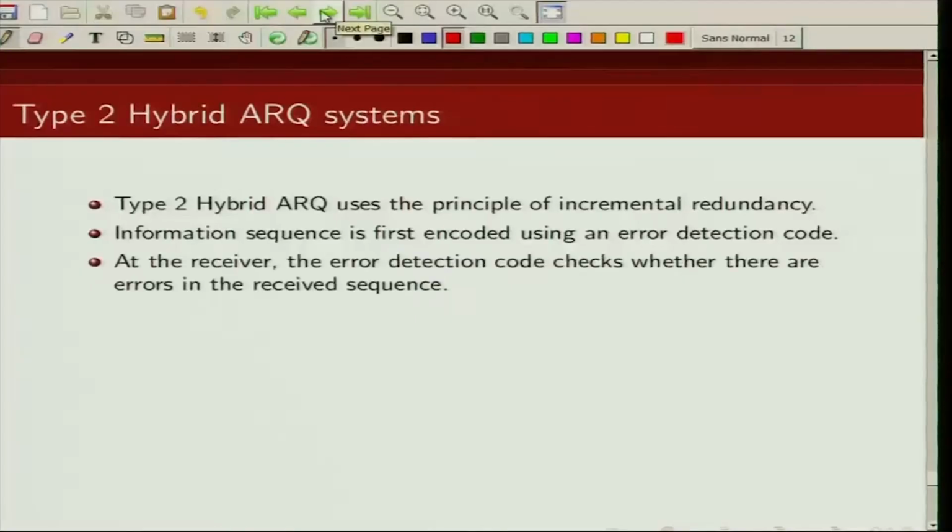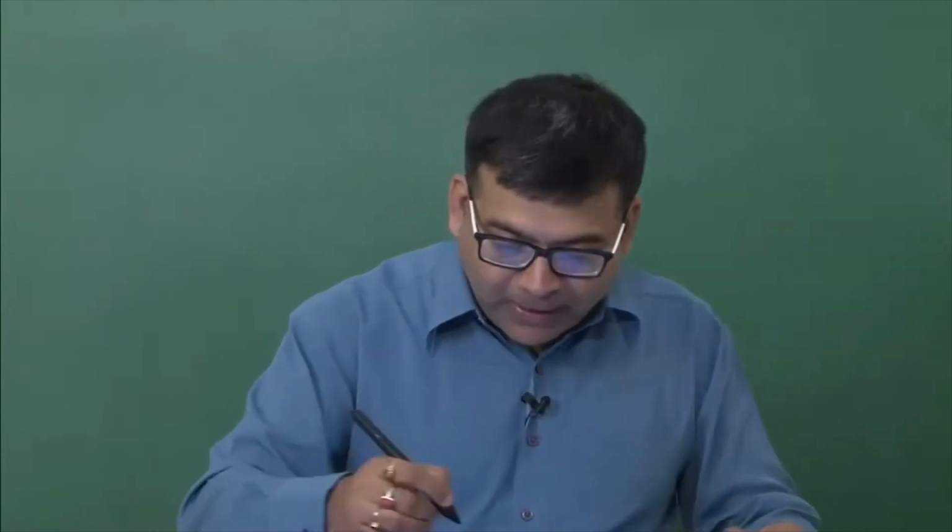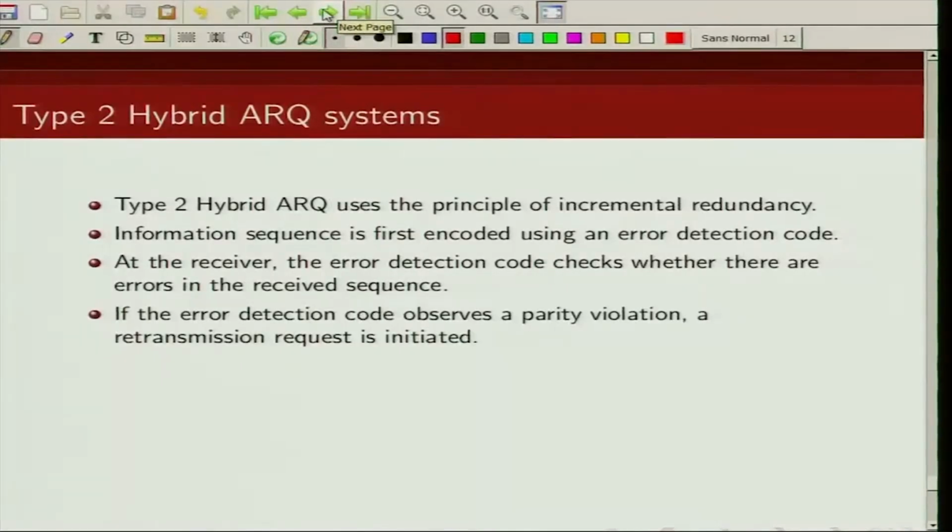Now if the error detecting code does not find any error, or it passes the parity check constraint, then the packet will be accepted. Otherwise, the receiver is going to send a negative acknowledgement, and then the transmitter is going to send a new packet. And what is there in this new packet? That's where the difference lies.